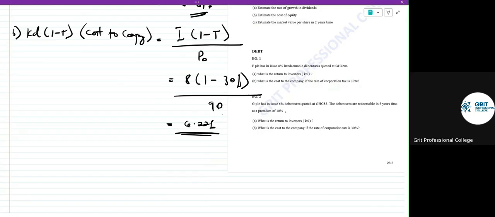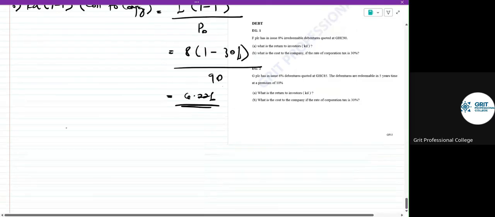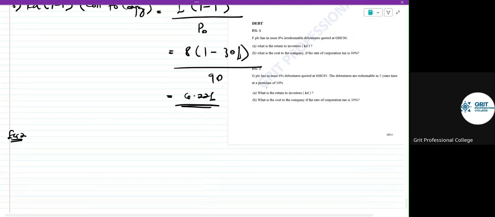Then we'll look at example 2. For example 2, the type of debenture we have here is a redeemable debenture, a redeemable debt.